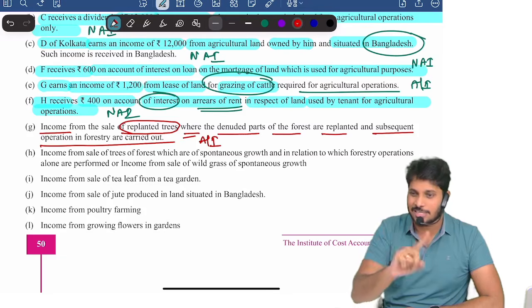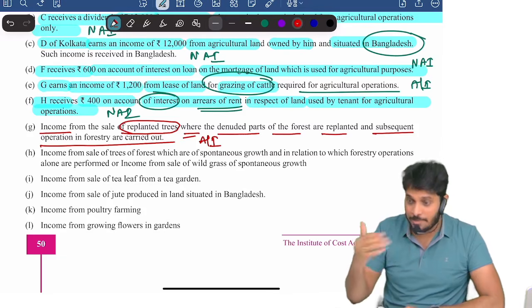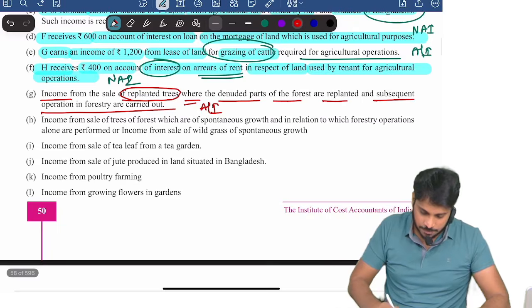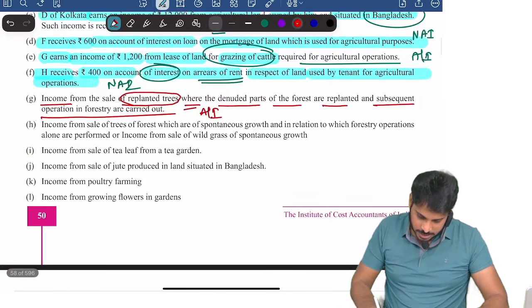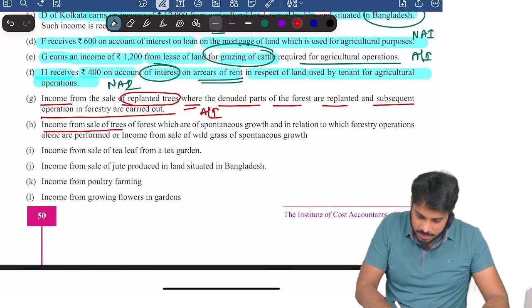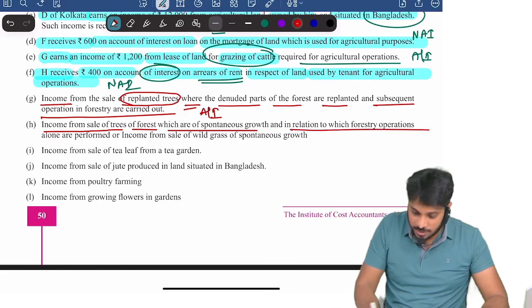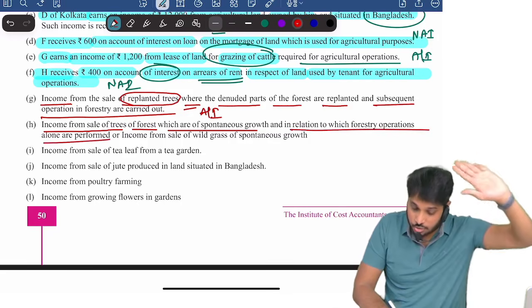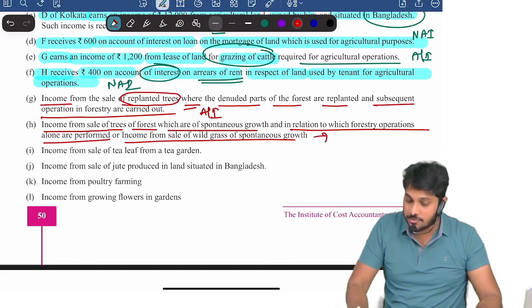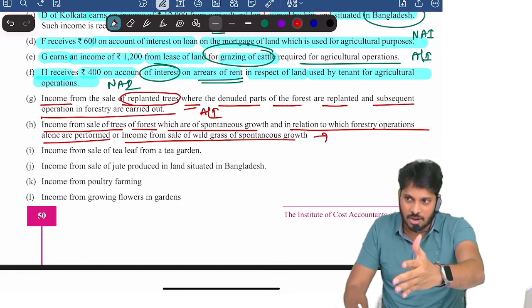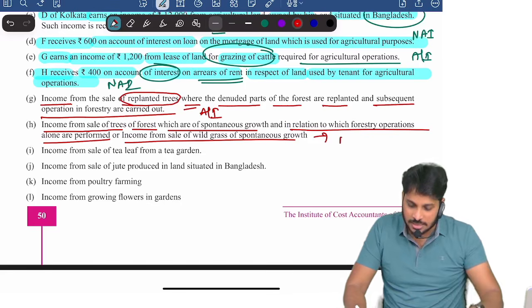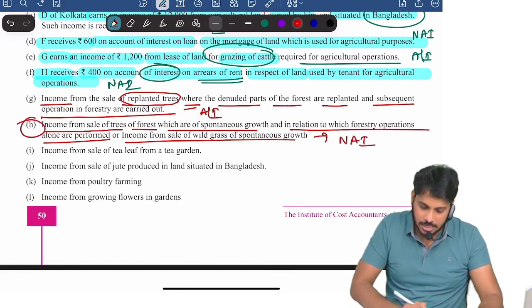That is not agriculture income, because you didn't participate in agriculture operations. Next, income from sale of trees in forest which are spontaneous growth and in relation to which only forest operations are performed. Income from wild growth of spontaneous nature, where you didn't perform any basic operation, is non-agriculture income. Understood?